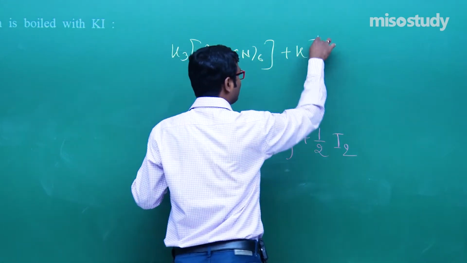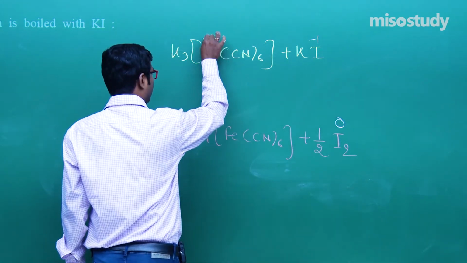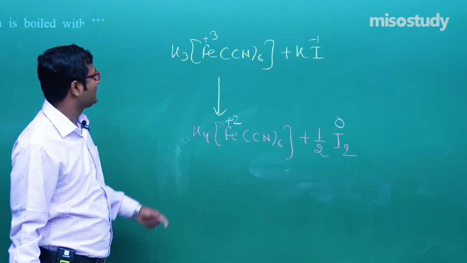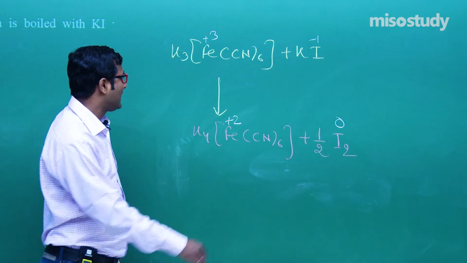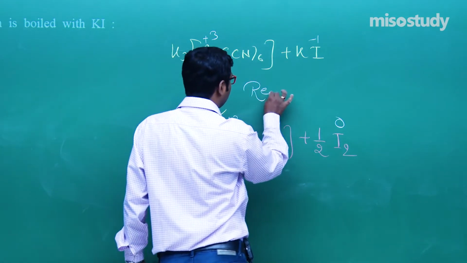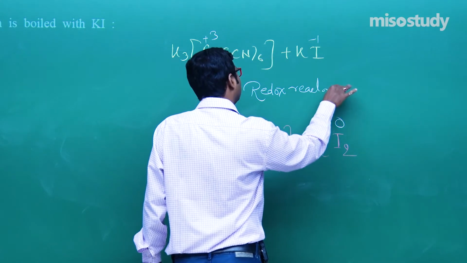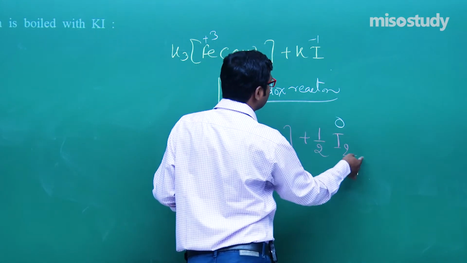Iodine in the -1 oxidation state converts to 0 oxidation state, and iron in the +3 oxidation state converts to +2 oxidation state. That is, reduction and oxidation take place. So this is definitely a redox reaction. And here the KI, iodine, has an increase in oxidation state.